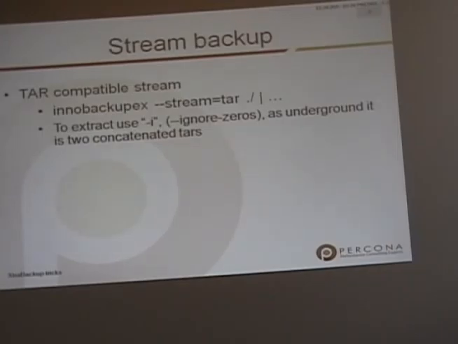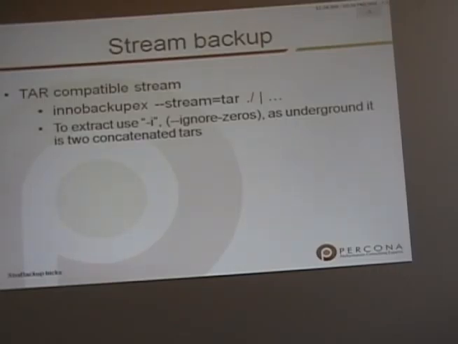So stream backups allow you to produce an already tar-compatible version of a MySQL database. You can do pretty much everything you can do with a tar file. Just when you extract the data, you need to specify -i, which ignores zeros, because in the background our tar backup is a concatenation of several tar streams.